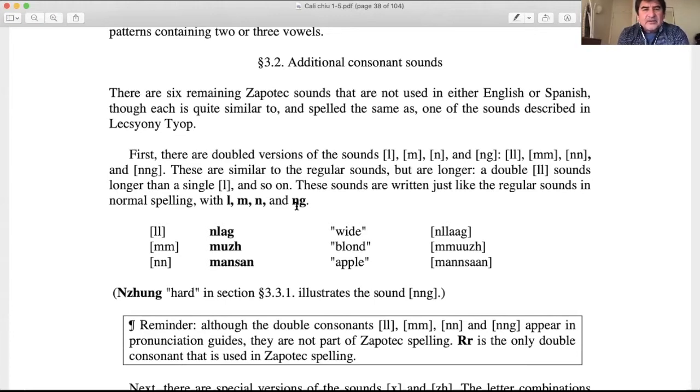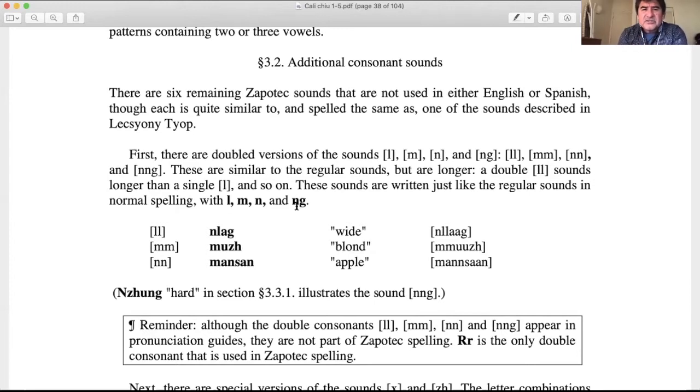sound. And then the other one, which is a borrowed word from Spanish, for apple, we have in the pronunciation brackets manzan. So the N is a little bit longer than the other N's that we typically pronounce. So I hope that helps.